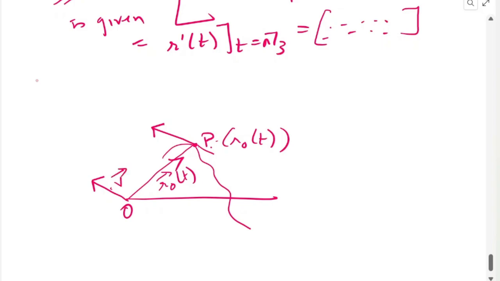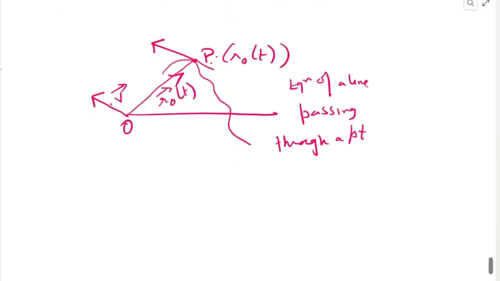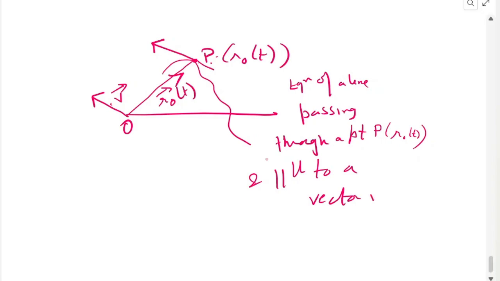So how do we find the equation of a line passing through a point, say P, which is R0t, and parallel to a vector, say V? We have done it several times in the class.